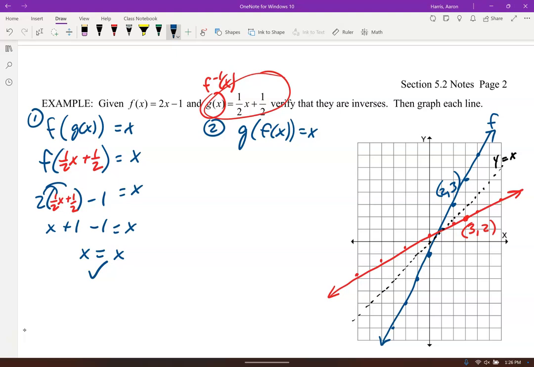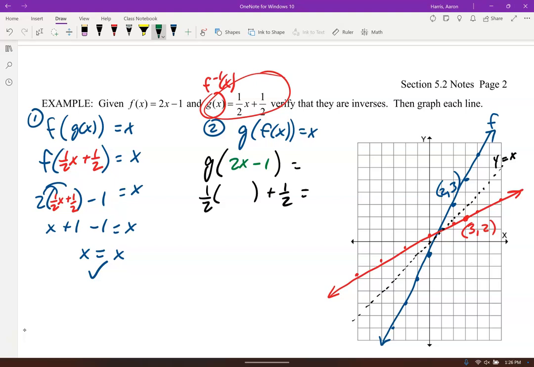Now I'm going to go g of f of x. g of, who's f of x? f of x is 2x minus 1. g is 1/2 x plus a half. Again, I'm just working with this left-hand side to make sure the left-hand side simplifies down to be x.